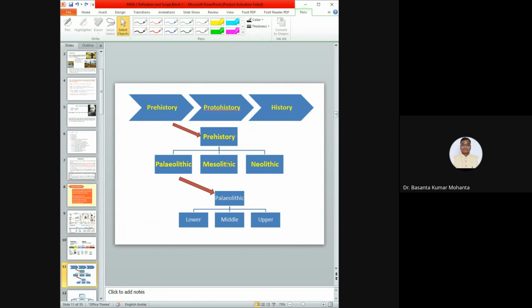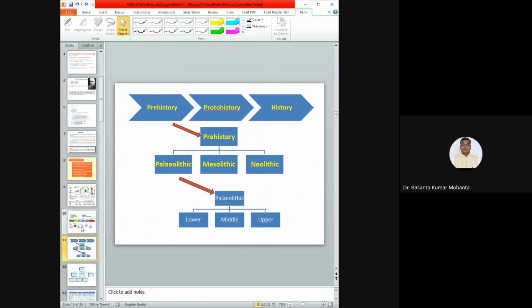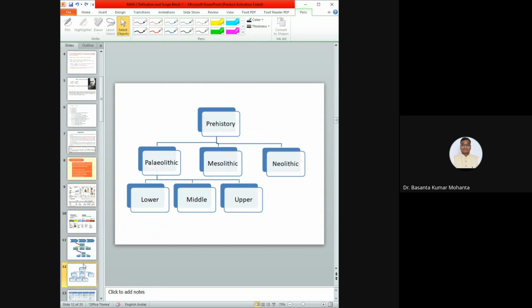Later we'll discuss in detail the tool types and tool technology. During the Neolithic time, people started using a different type of tool, with a different technique. Also, they started a new type of economy. That's why this is called Neolithic. So now we are clear about this.